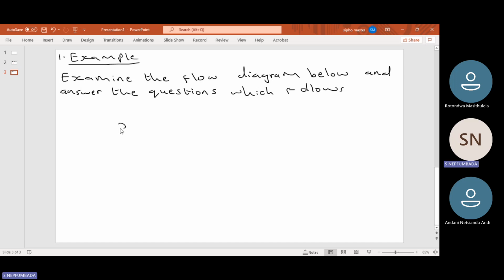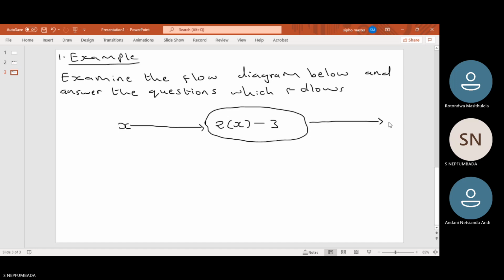Let's say we've got our x, and they say this is the input. I want to draw something that will be visible at your side. They say this is the input. And we've got 2 into x minus 3, or y.